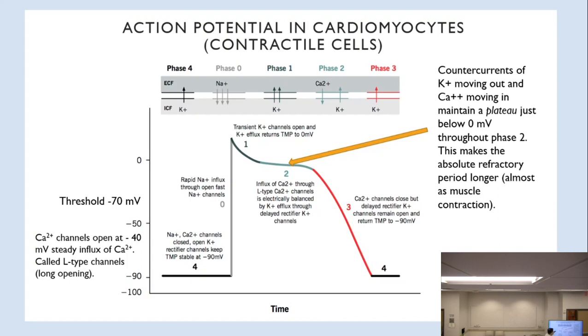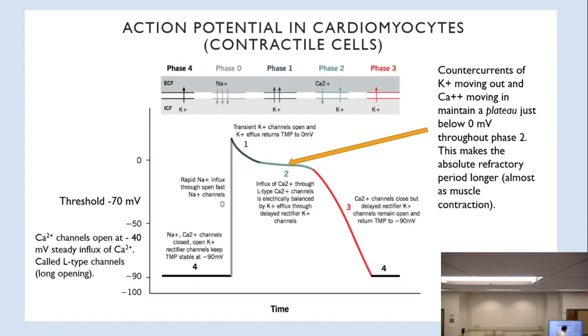Since you have positive out, positive in, positive out, positive in, the membrane potential is kept stable. And while the potential of the membrane is at that level, around 0, the sodium channels are going to be kept inactive.